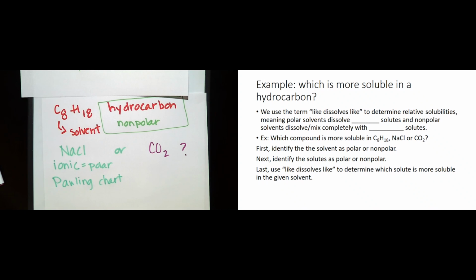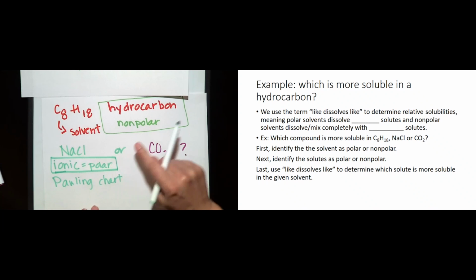I do write different exams because if you can't use anything but a periodic table, obviously the exam needs to reflect that. But when you have all open notes and everything, the exams are a little bit different. Okay, so ionic, polar. So is something polar going to dissolve in something nonpolar? Very little, if any.